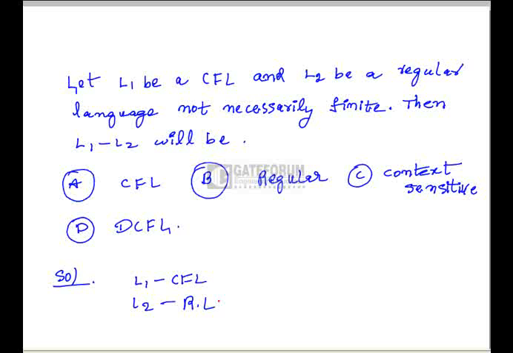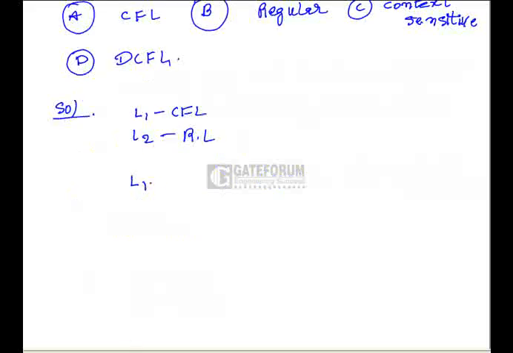Then L1 minus L2 can be written as L1 intersection complement of L2. Anyway, L2 is given as a regular language, and the complement of a regular language is also regular. L1 minus L2 is L1 intersection complement of L2, because it is L1 and the strings not in L2.